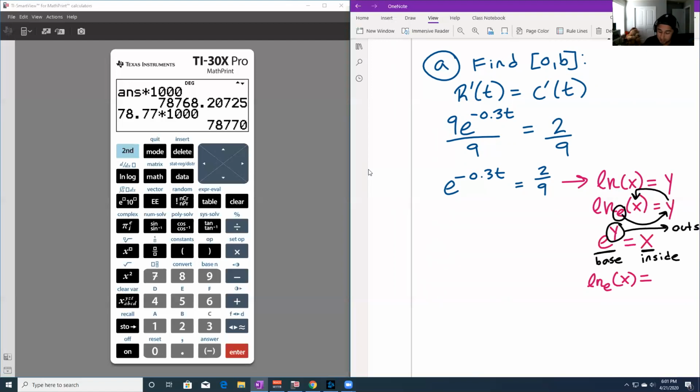So you get natural log base e of x equal to y. Now, one last thing is that we know that e is the base of the natural log. So I write my answer as natural log of x equal to y. And look, we're right back at the beginning.